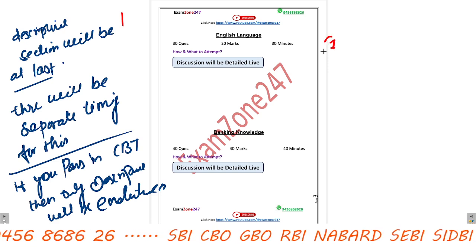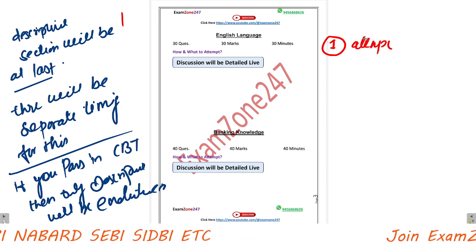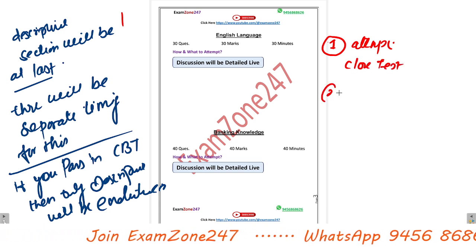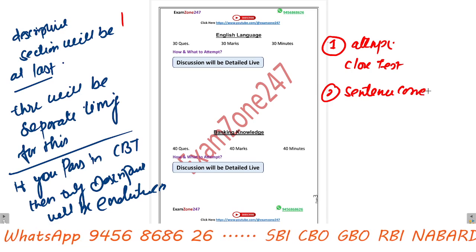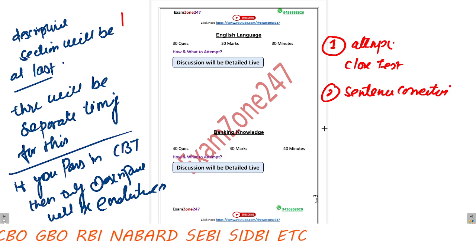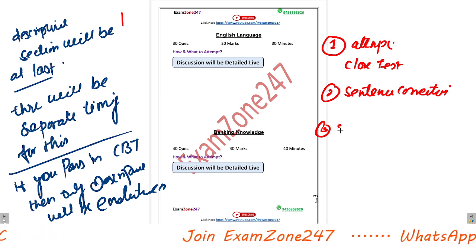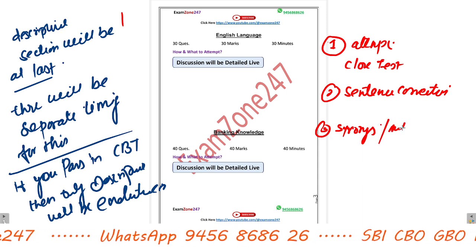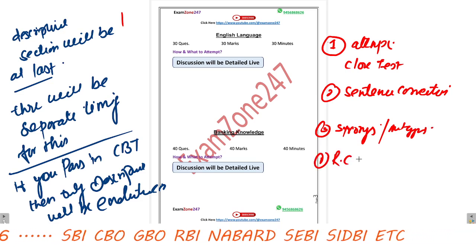You should first try to attempt cloze test, sentence correction, or synonym and antonym related questions, and reading comprehension at last.